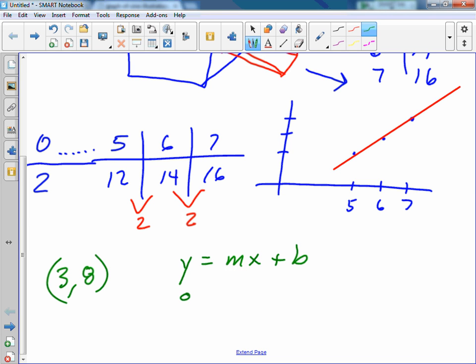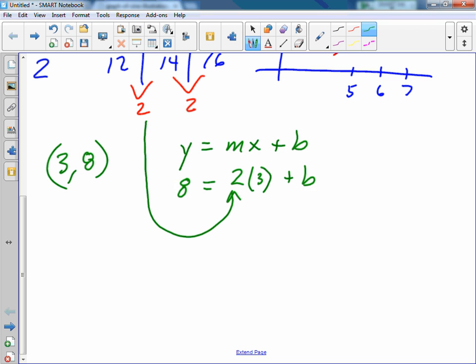To the y. y equals, and we said this common difference was 2, so that goes in the slope, the m, 2. And then 8 is joined at the hip with 3, so that goes in there, plus b. Is that how you do it, Florian? Very good. So we have 8 equals 6 plus b, so b has to be 2.